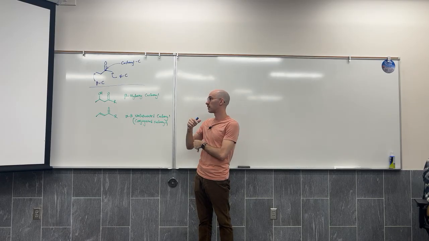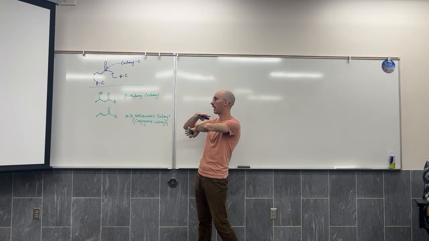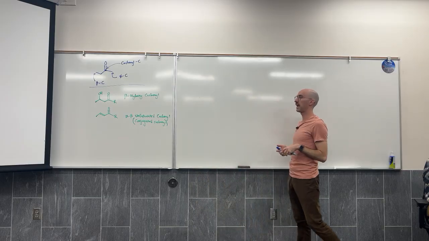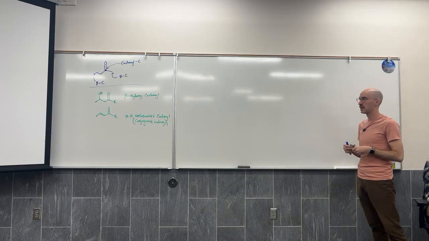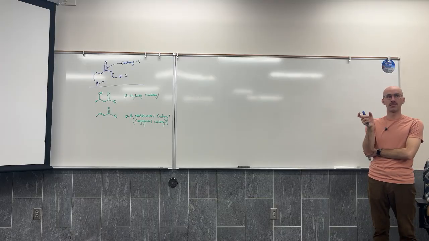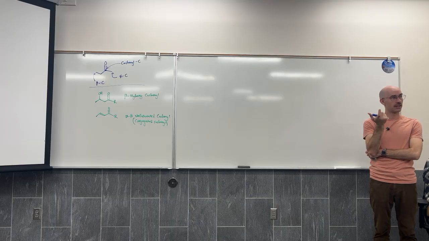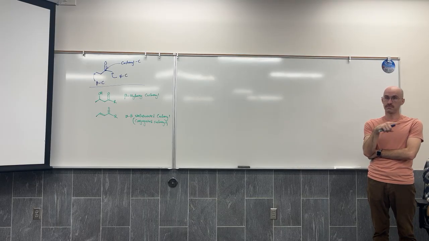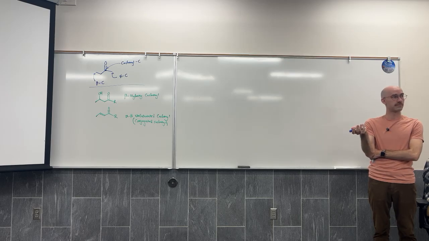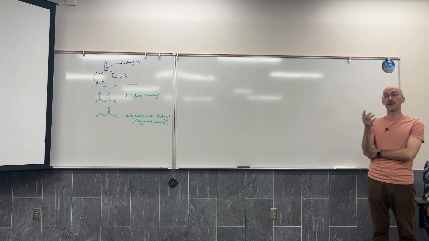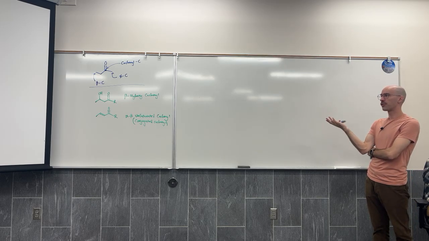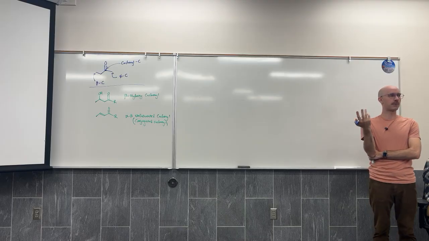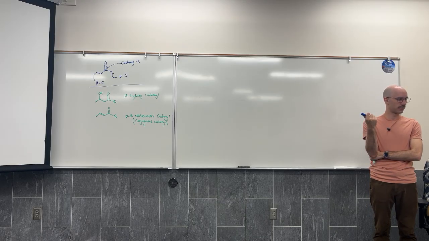Pi bonds double up between two atoms, which means that they themselves can't be more saturated with other atoms. And specifically, the double bond, the unsaturation, is between carbons alpha and beta. So an alpha-beta unsaturated carbonyl, also called a conjugated carbonyl, and why would we call it a conjugated carbonyl?